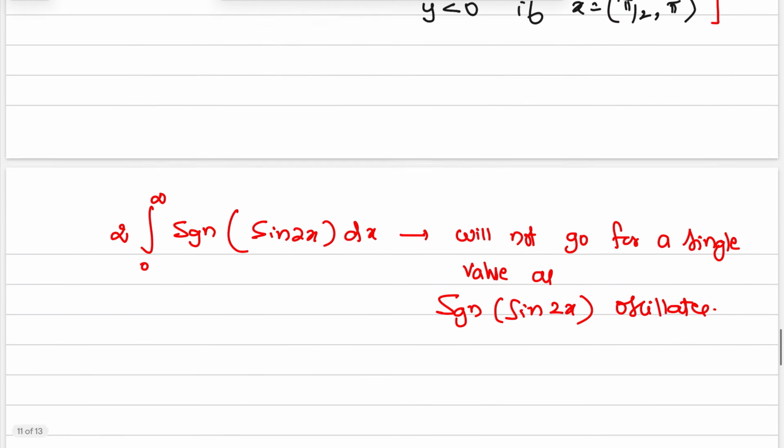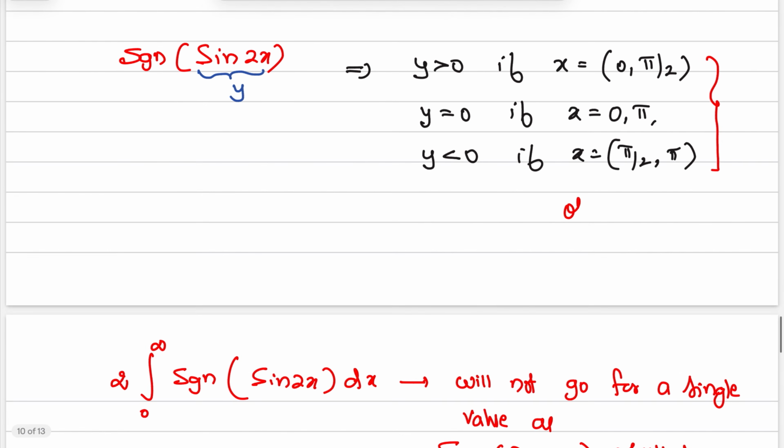Here, between 0 and pi by 2, y is positive. At 0 and pi, y is 0. Where y is less than 0, it is negative, that is, x between pi by 2 and pi. That means this function is not going to a particular value.